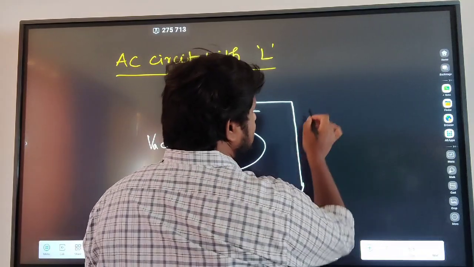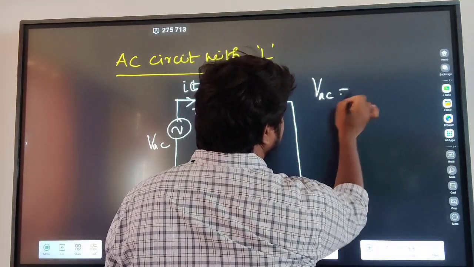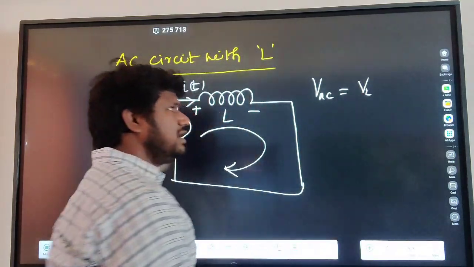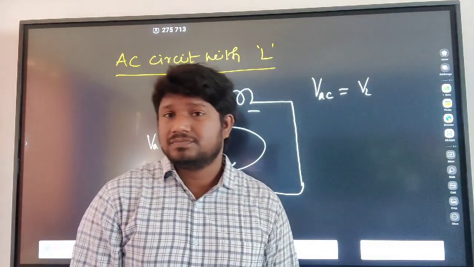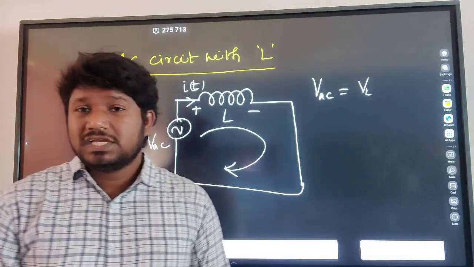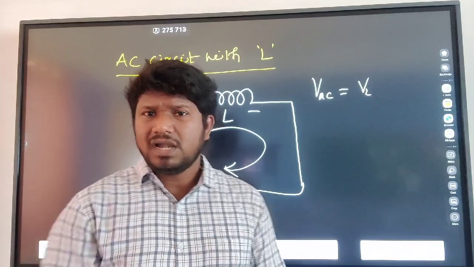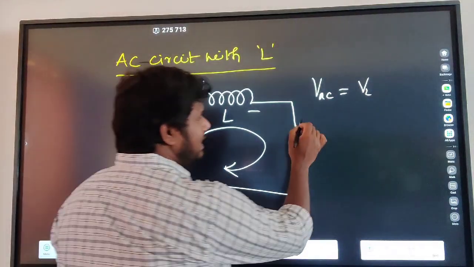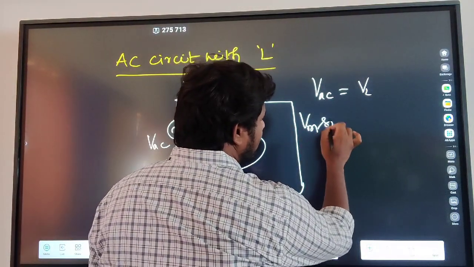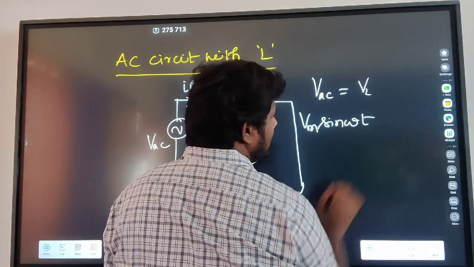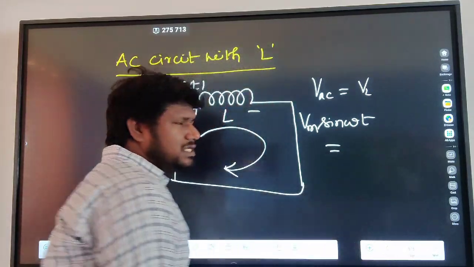The algebraic sum of voltages around this closed loop is 0. Then what will come? VAC equals VL. The supply voltage equals the voltage across the inductance. What is the supply voltage in standard form? Vm sin omega t. Now what is the voltage across the inductance?